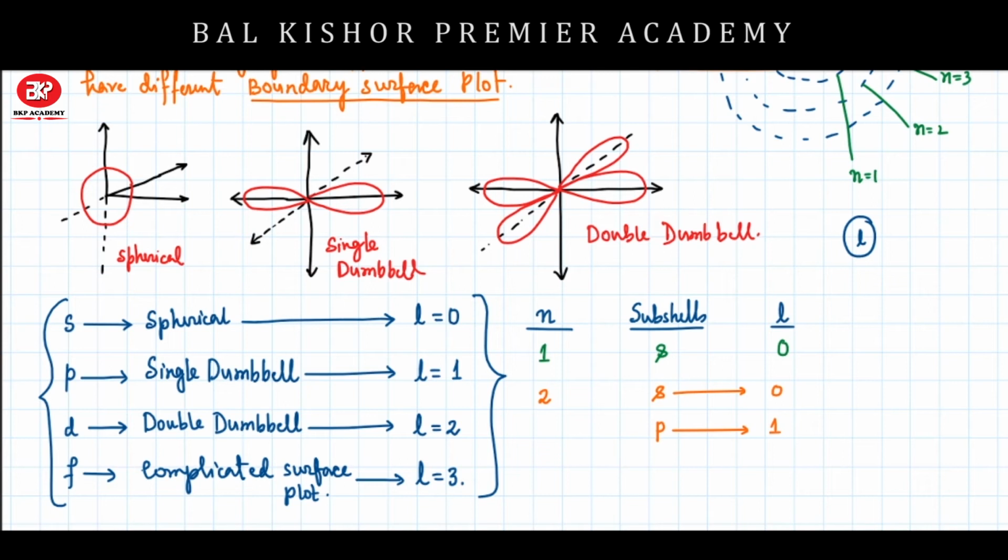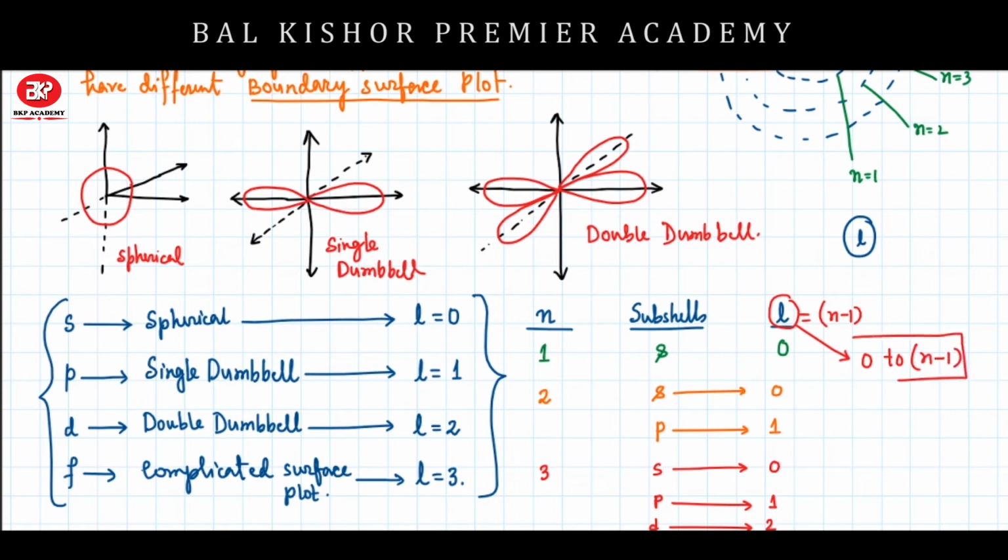Similarly, if we go for the third energy level, we know there are S, P, D subshells. So for S we will have l equals 0, for P we will have 1, and for D we will have 2. So we can see that the maximum value of l is n minus 1. That means the value of l ranges from 0 to n minus 1.